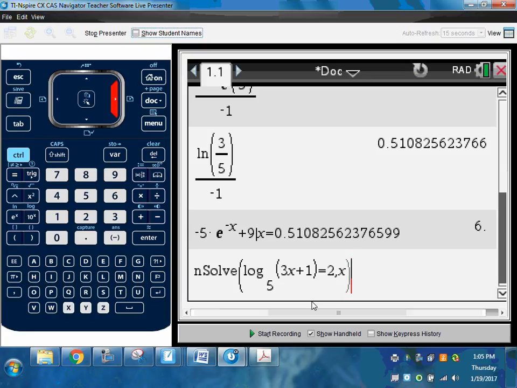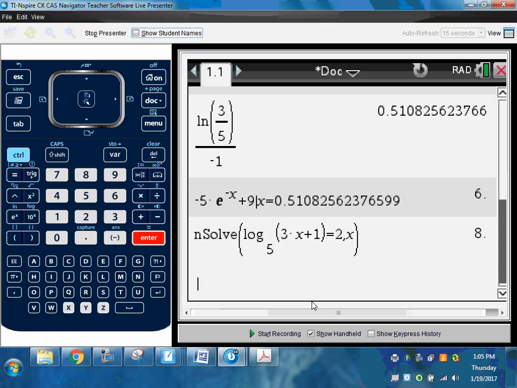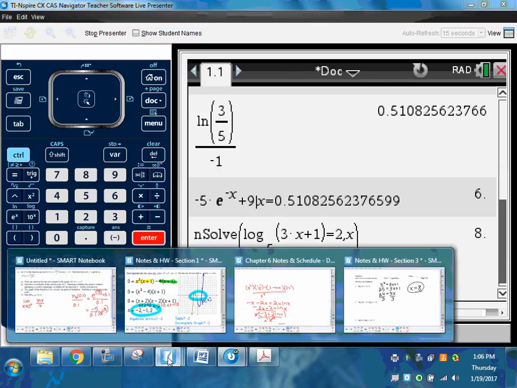Hit enter. Did we do it right? Did anyone's calculator give them the yellow triangle on this? It's interesting because it doesn't always do it. Some people's calculators will literally work and some won't. We'll see it in later examples. We did this correct though.